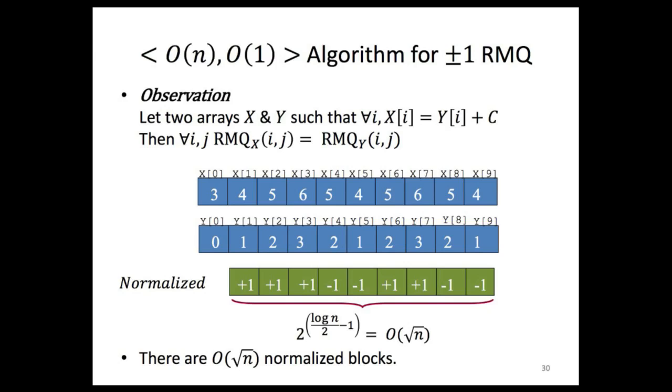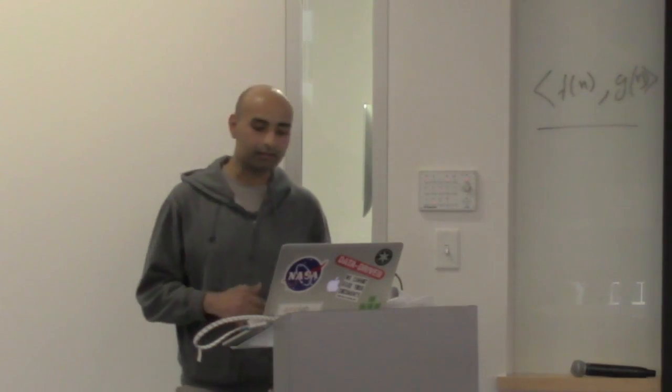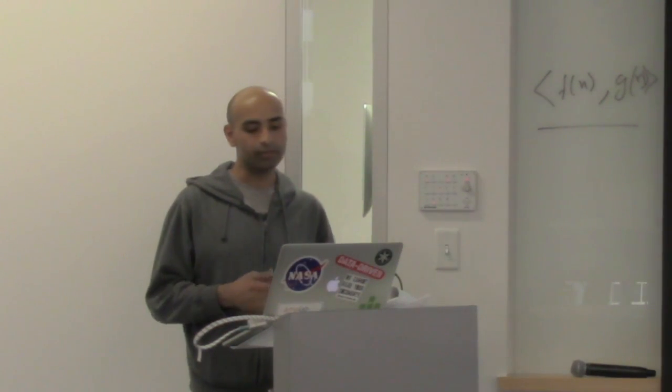And given that the total number of such arrays can be 2 to the power log n by 2, because every bit can have 2 values, and the total length of the bit vector would be log n by 2.